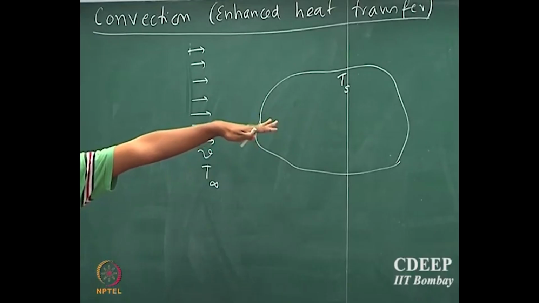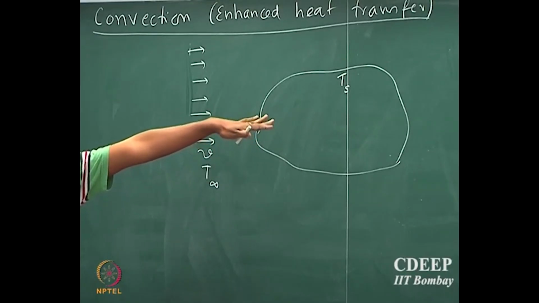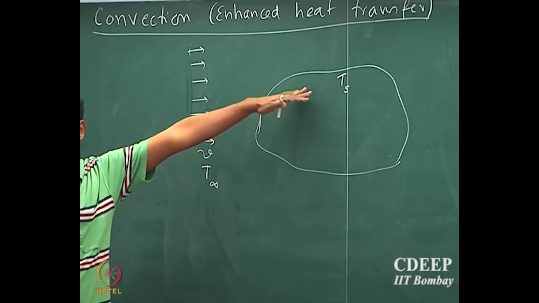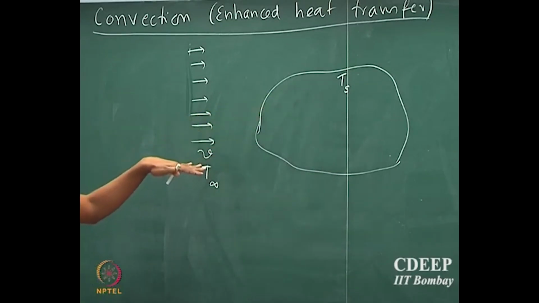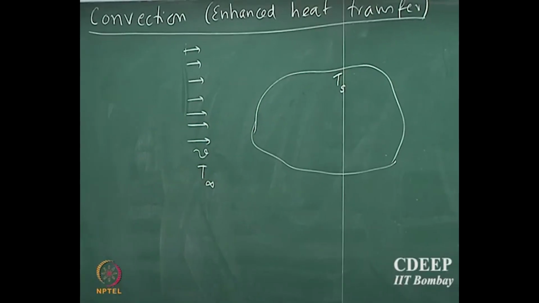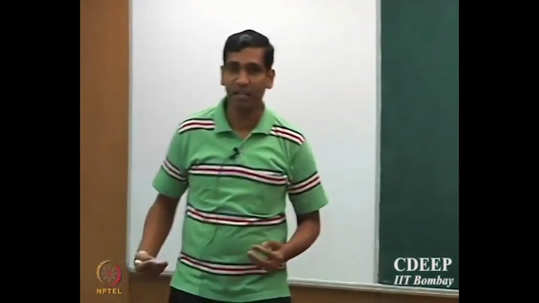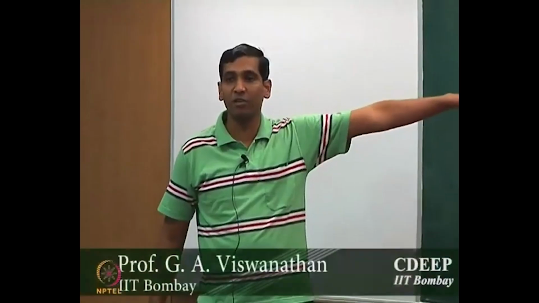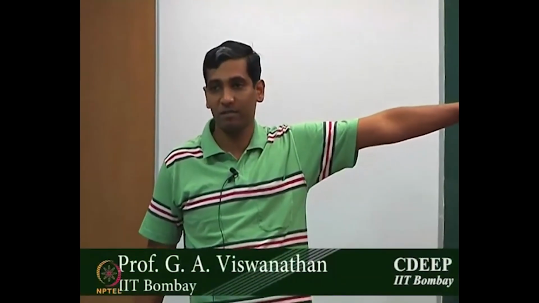Remember that all through this course so far we have been saying that you must always compare with measurable quantities. So the temperature of the surface and the temperature of the fluid which is flowing past the object, these two are measurable quantities. So you would like to express the heat transport coefficient, etc., everything in terms of these two measurable quantities.